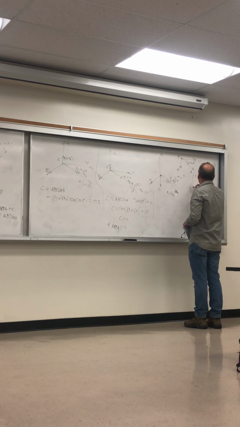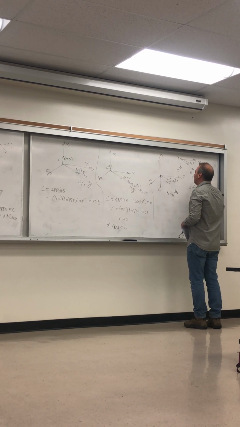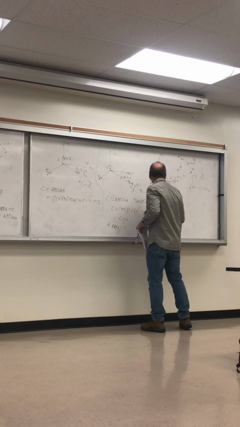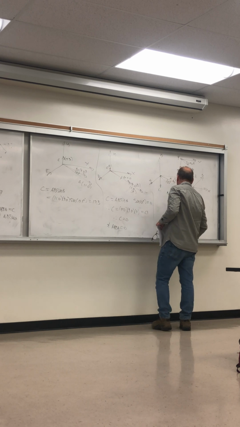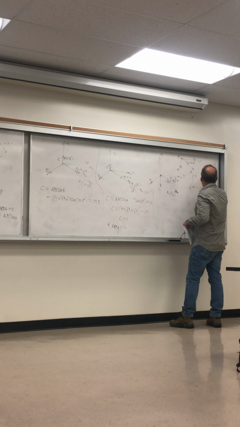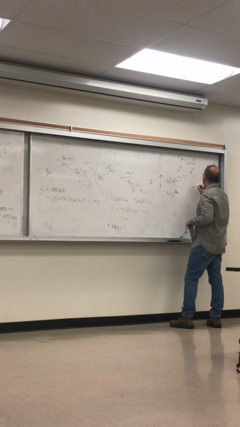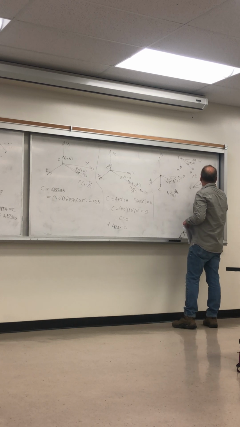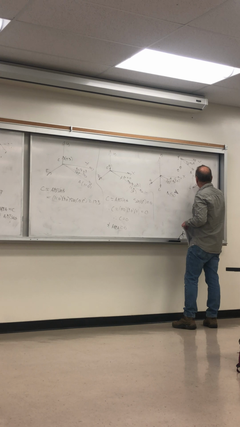So now I have B like this, which is 75, and A, this is 25 degrees.